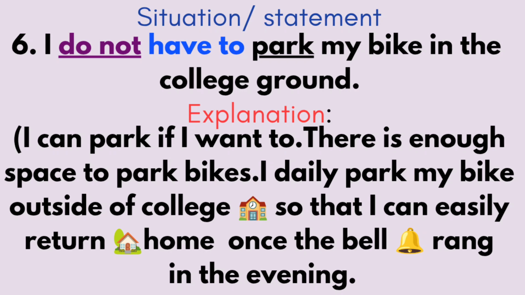Whenever must is used in negative statements, it means 100% we must not do that. When you use I do not have to or she doesn't have to in negative statements, it means you can avoid rules and regulations. You can do the opposite of what you want to do.